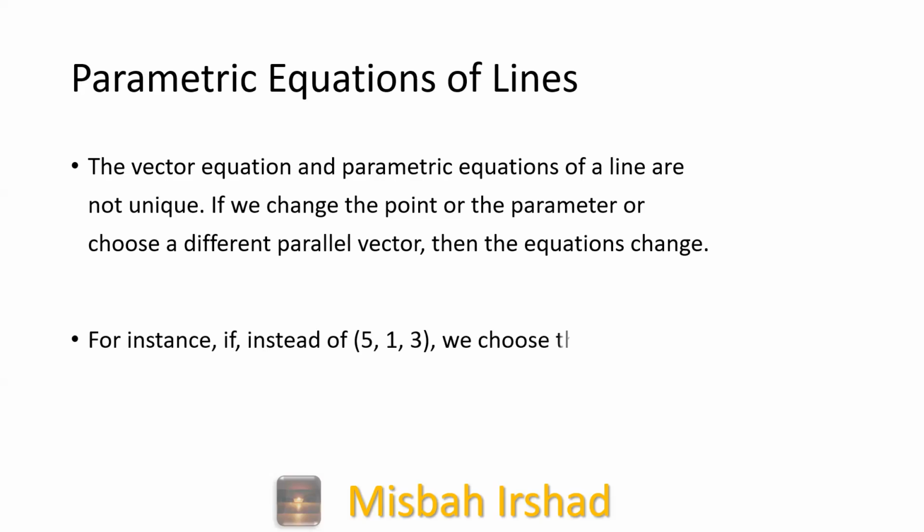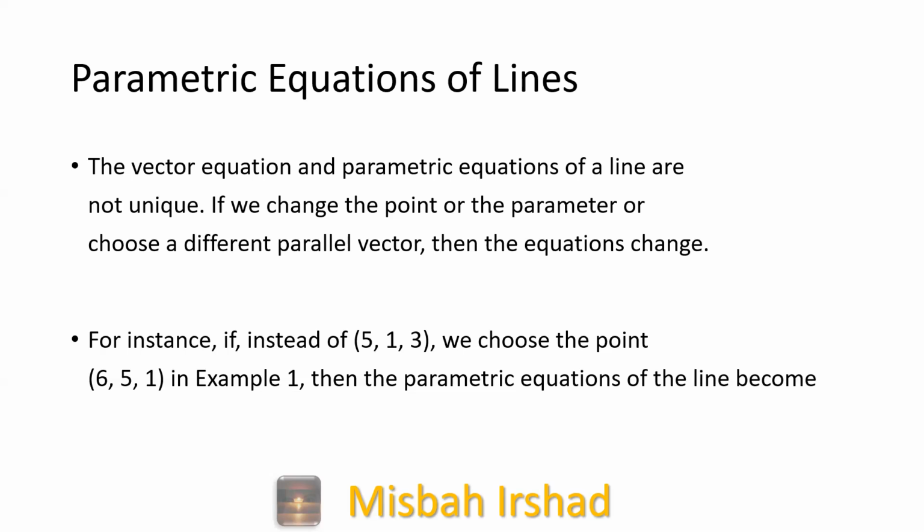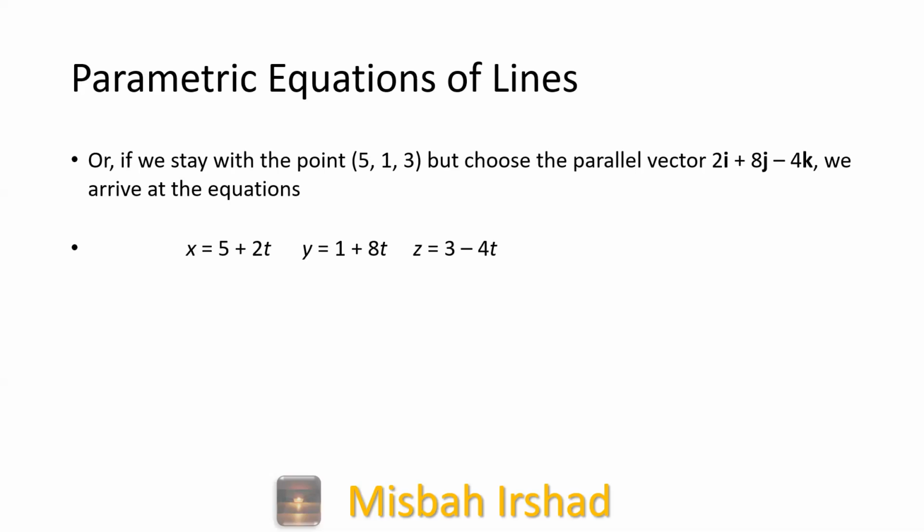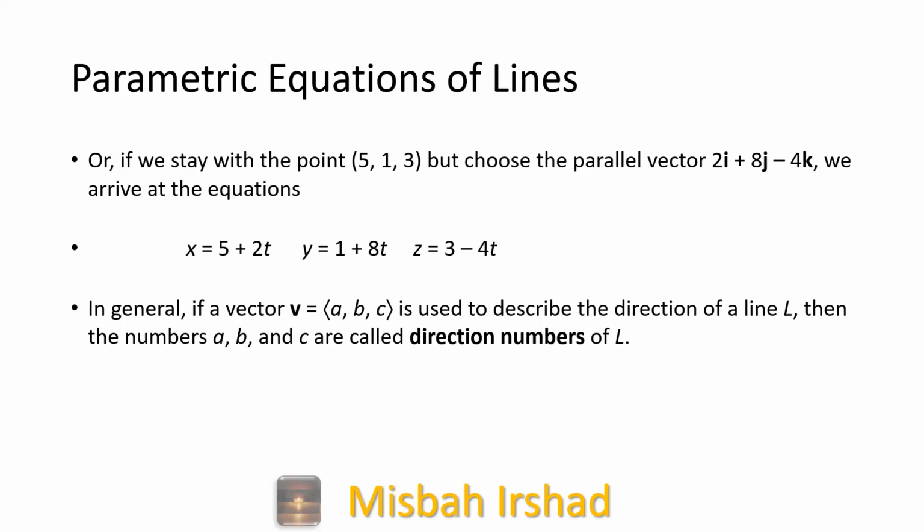For instance, if instead of 5, 1, 3 we choose another point 6, 5, 1, then the parametric equation of the line we discussed previously becomes x equal to 6 plus t, y equal to 5 plus 4t, and z equal to 1 minus 2t. In this case, we didn't change the direction vector. We can change the direction vector as well, and we'll have a different equation again.